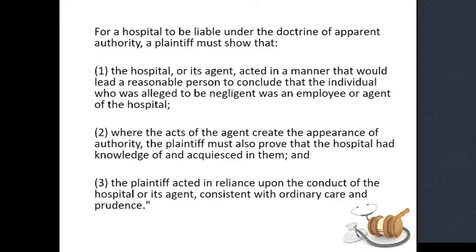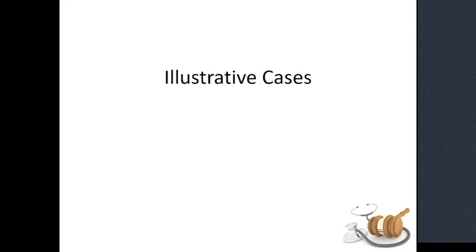So that will also establish the doctrinal fundamental. Also, where the acts of the agent create the appearance of authority, the plaintiff must also prove that the hospital had knowledge of and acquiesced in them, or approved these acts of the agent, and the plaintiff acted in reliance upon the conduct of the hospital, consistent with ordinary care and prudence. So these elements are what can make a hospital liable under the doctrine of apparent authority.